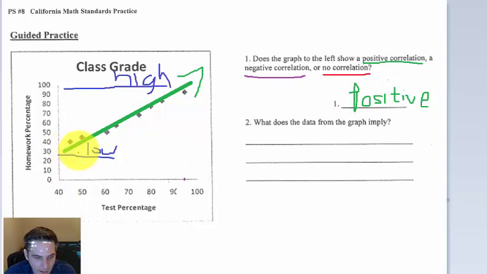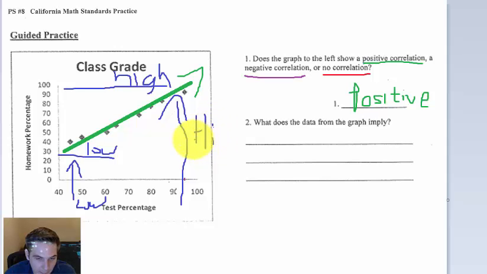So as homework percentages are low, test percentages are also low. And as homework percentage goes up, those students tend to do good on test scores. Their test scores are high. So that would be what the data from the graph implies.